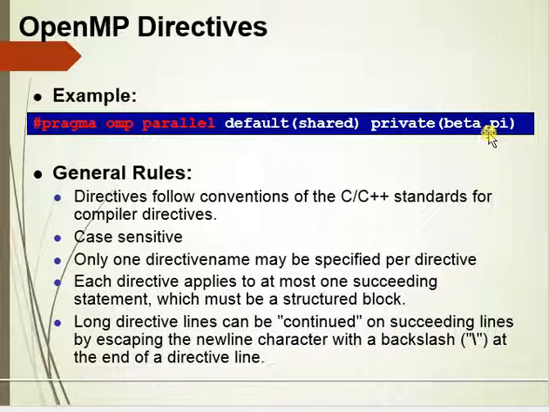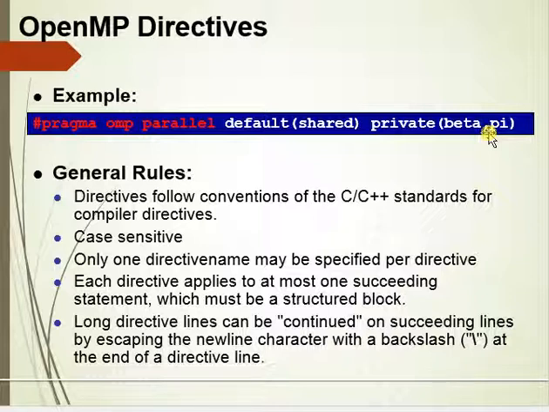Each directive applies to at most one succeeding statement, which must be a structured block. Long directive lines can be continued on succeeding lines by escaping the newline character with a backslash at the end of the directive line.